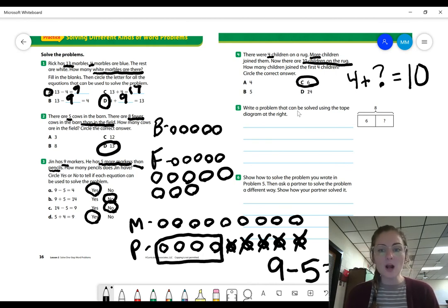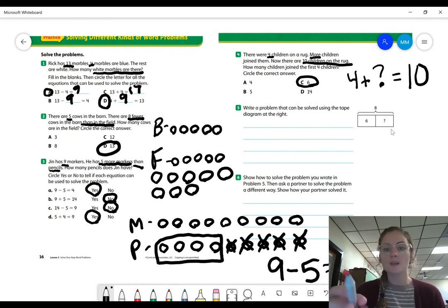It says, write a problem that can be solved using the tape diagram at the right. So we have our 2 parts and our whole. So what's an adding sentence that we could make with our 2 parts? We could do 8 plus 6? No, our 2 parts are under our whole.